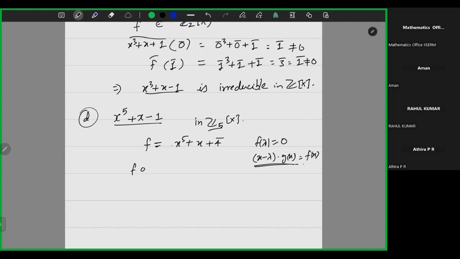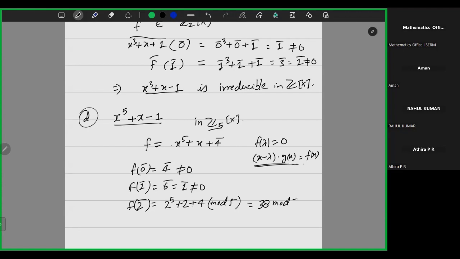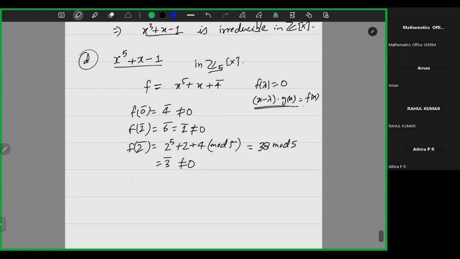So f(0 bar) is just 4 bar, which is not 0. f(1 bar) comes out as 1 + 1 + 4, which is 6 bar, which is just 1 bar. It is not 0. f(2 bar) is 2^5 + 2 + 4 mod 5. This is nothing but 32, 34, 38. 38 mod 5 is 3 bar, which is not 0. f(3 bar), you can check similarly.